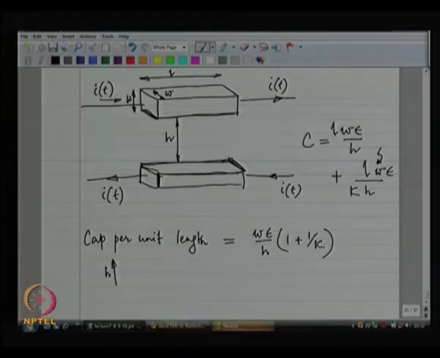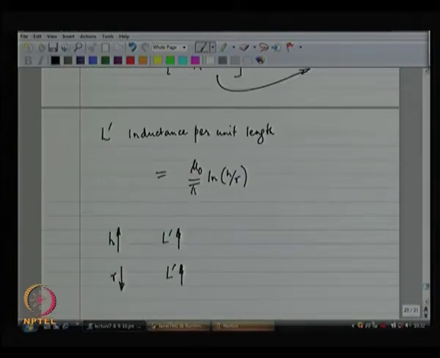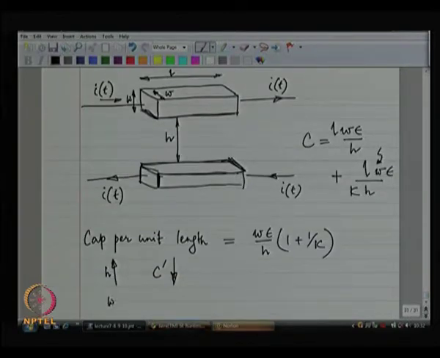If I increase the separation, the capacitance per unit length decreases. If I decrease the radius of the wire, my inductance increased. Where was that? Yes, inductance increased when I decrease the radius of the wire. If I decrease the width, width is comparable to radius because we chose a square cross section, capacitance per unit length is also going to decrease. So, just the opposite effect as before.